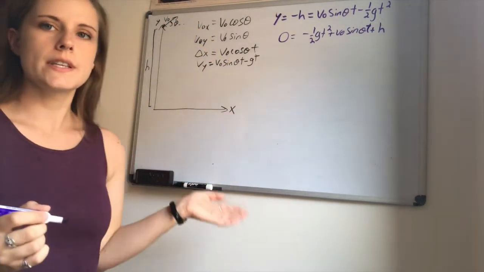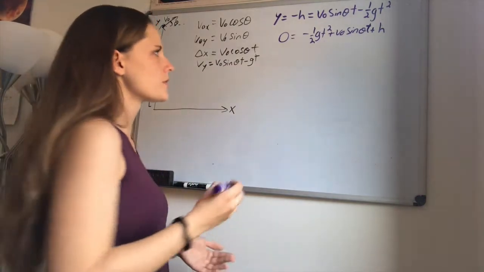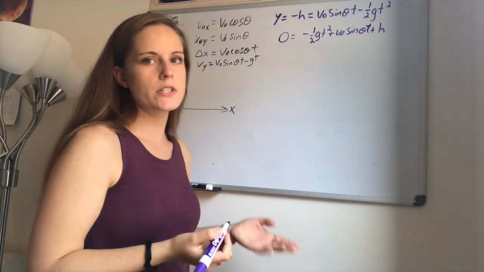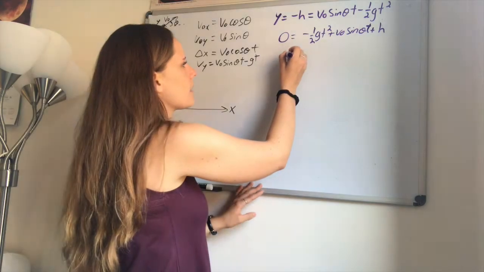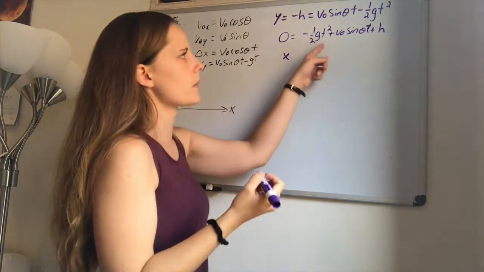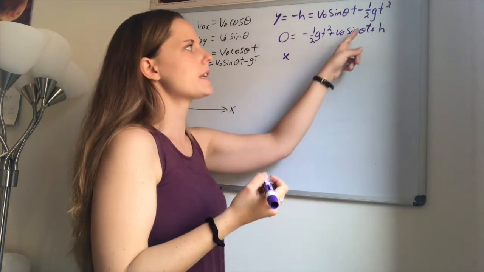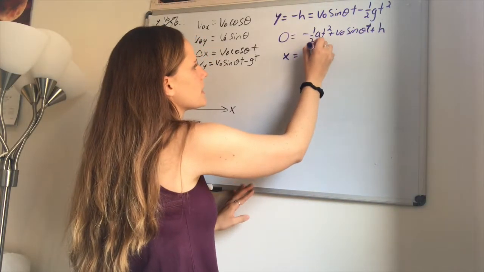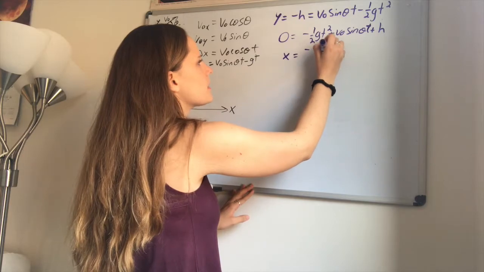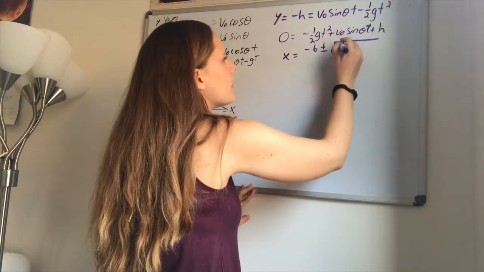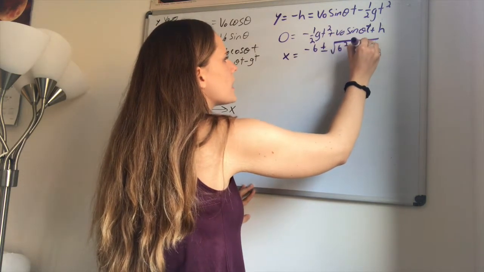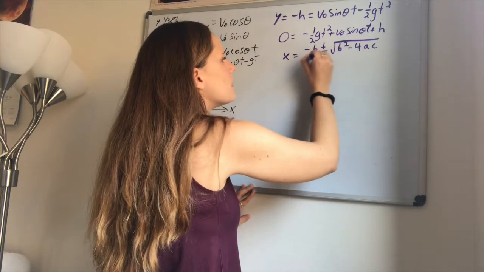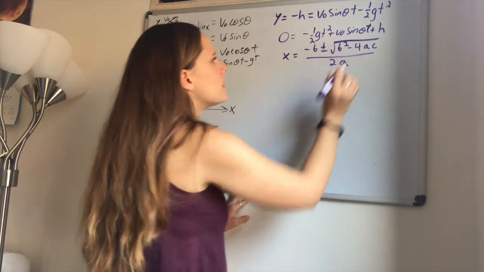So now that our equation looks like this, we can use the quadratic equation to solve it. And the quadratic equation just says that when we have an x squared plus something times an x plus a constant, we can say x equals minus b plus or minus the square root of b squared minus 4ac over 2a.